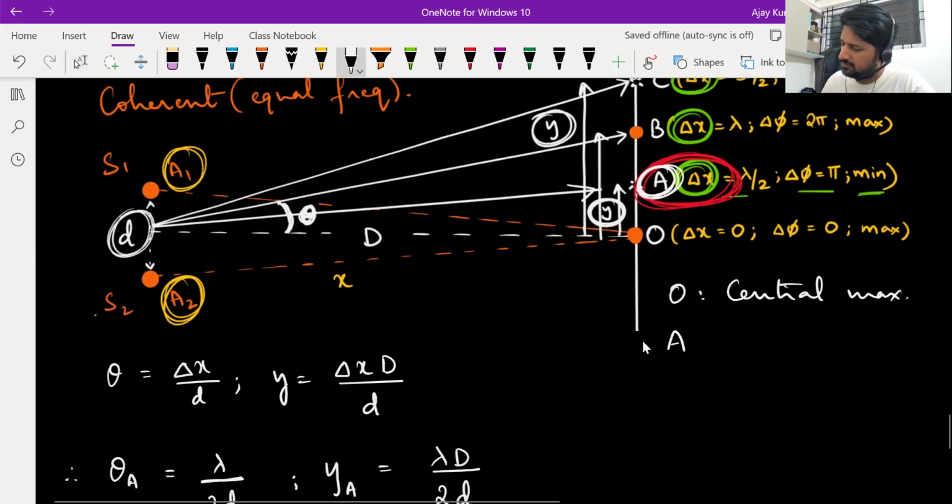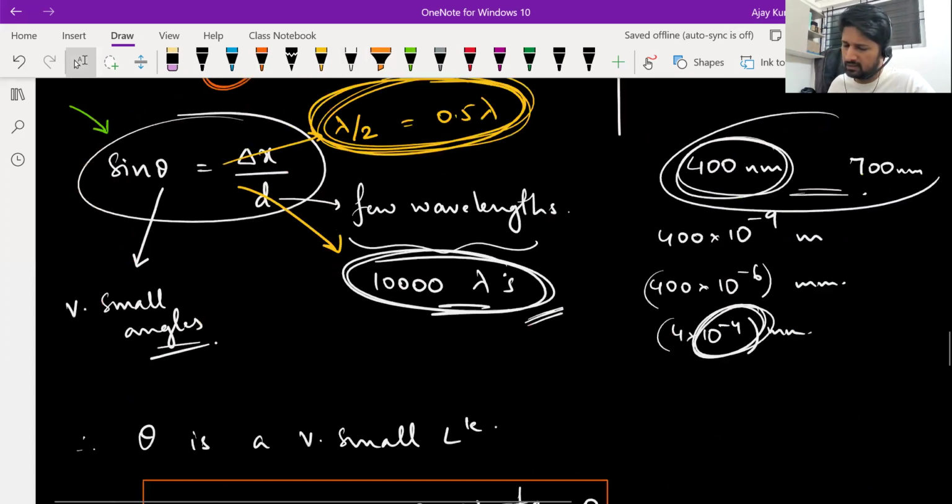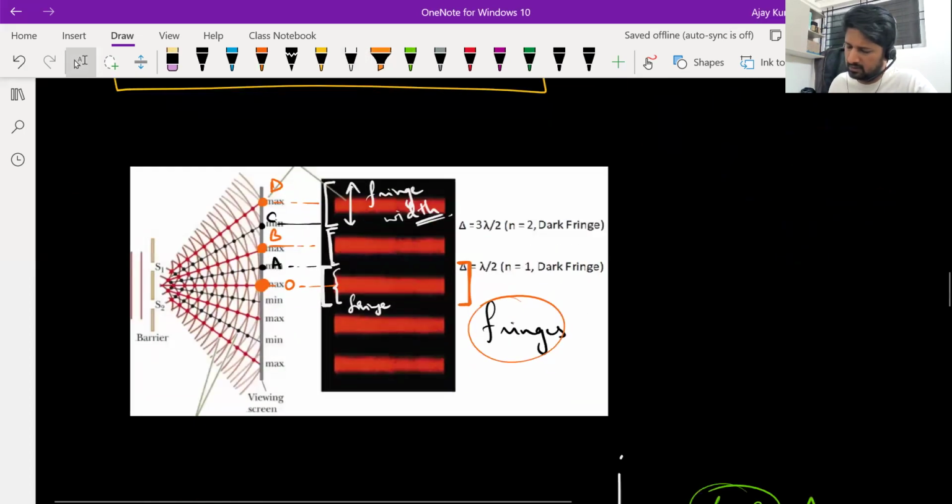A, which is the first dark spot or the first minimum you will see from O, is called the first minimum itself. You will find another dark band below O also, at the same distance.